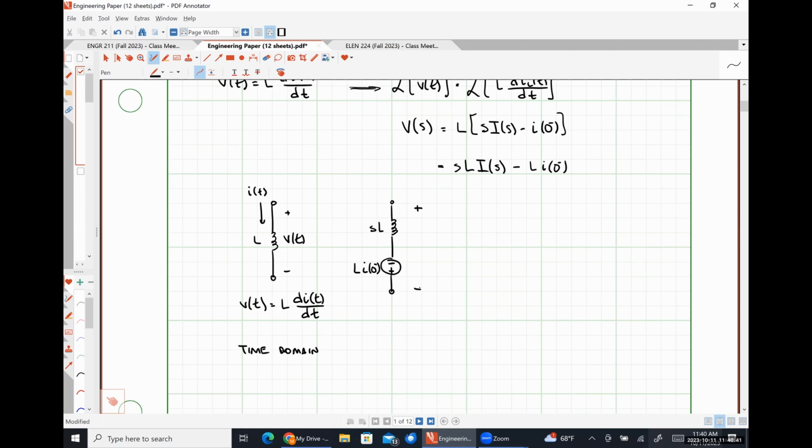The S domain voltage for our element is the voltage drop across the inductor impedance and that voltage source. And our S domain current is the current that's flowing through the inductor into the negative polarity terminal of this source that's taking into account the initial condition.